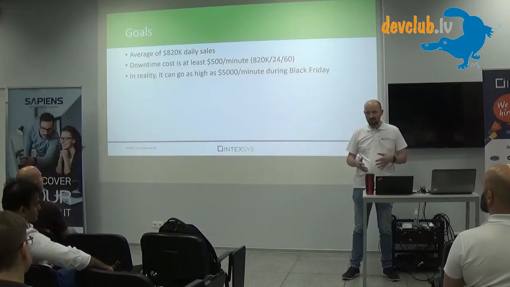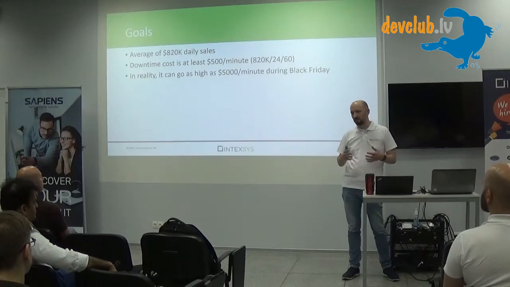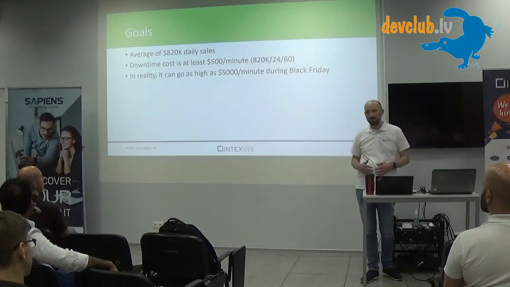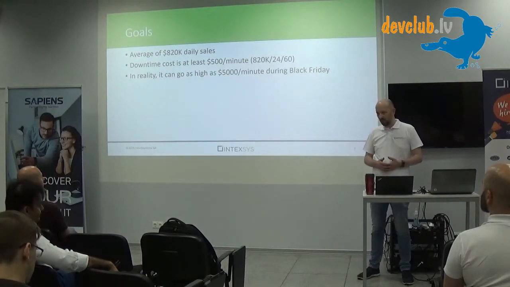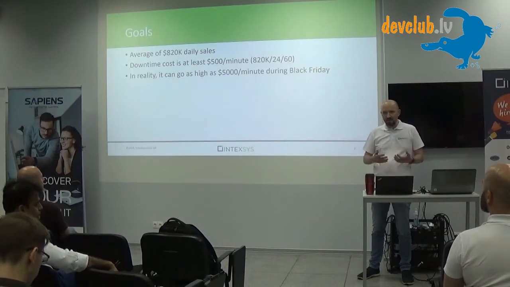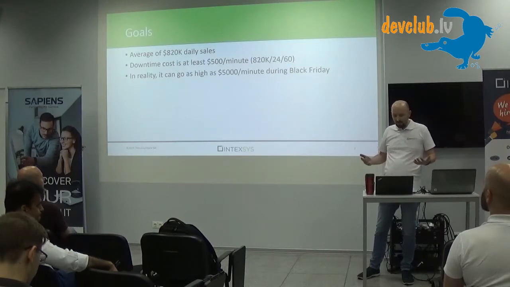There is a high season and a low season. High season for most e-commerce operations is during Christmas and the time around it. There are such events as Black Friday and Cyber Monday, which are very popular in the US where we're operating, and becoming popular here as well, as you know. So during such events, the cost of downtime, in our case, is up to $5,000 per minute.